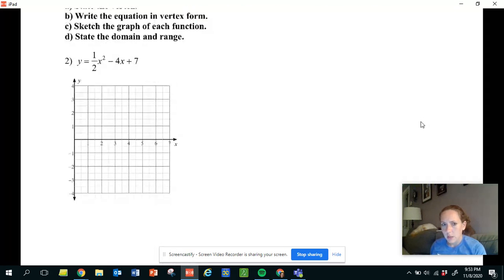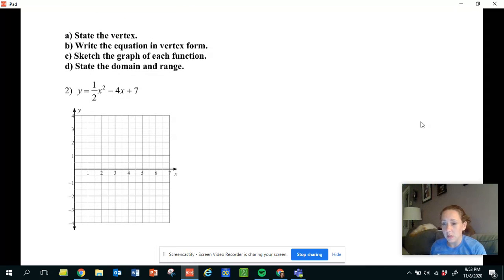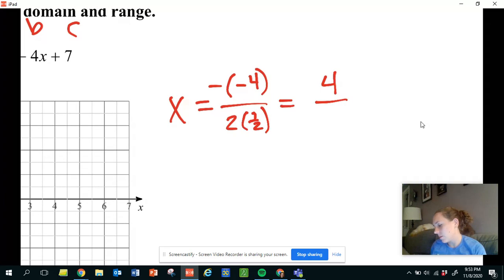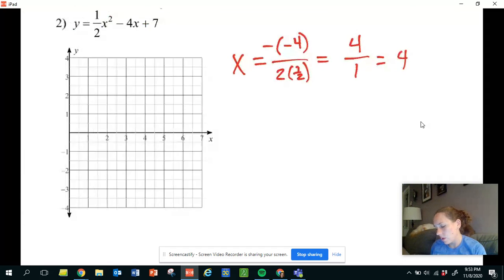Okay. For this one, it's standard form, so it's a little more complicated. That's where I use A, B, and C with this formula. So in this case, that would be -4 over 2 times a half. The negatives cancel out, so that becomes 4 over 1, which is just 4.